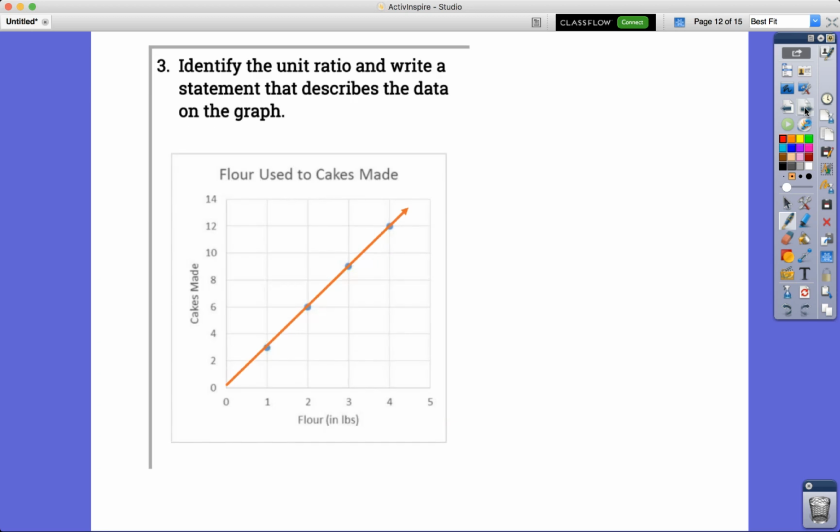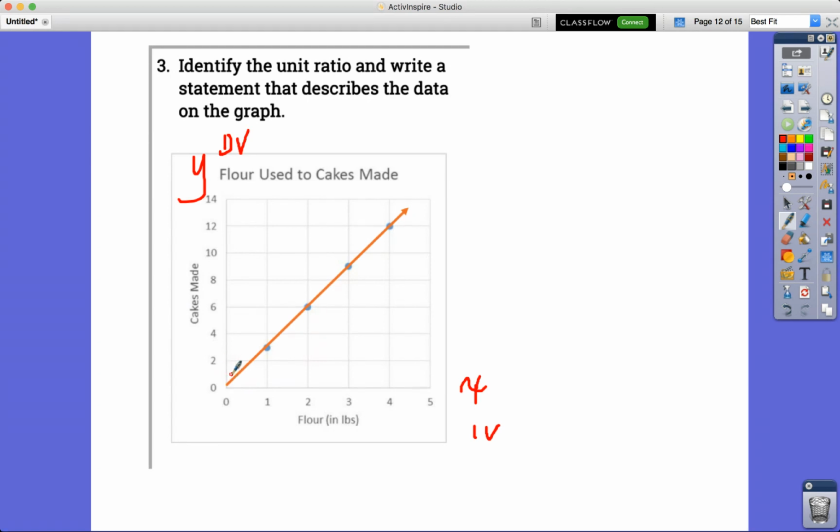And our next item is another graph to interpret. This time we're comparing flour to cakes made. And again, I'm looking at my x-axis. Make sure you label X and Y, and independent variable, dependent variable. And when I have 1 pound of flour, and I'm looking at my intervals for my y-axis, 0 and then 2.